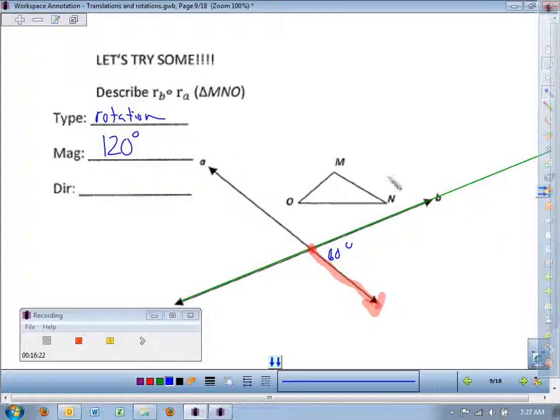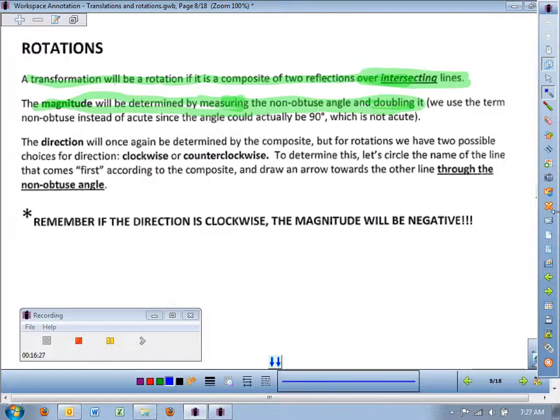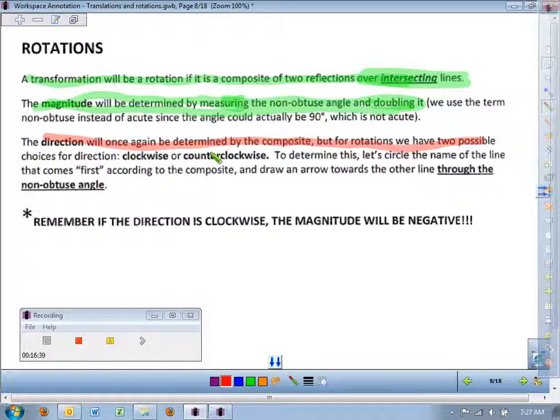The direction, well, we haven't read that yet, so let's go back and grab our highlighter. The direction will once again be determined by the composite, but for rotations we have two possible choices, clockwise or counterclockwise. To determine this, let's circle the name of the line that comes first according to the composite and draw an arrow towards the other line through the non-obtuse angle.